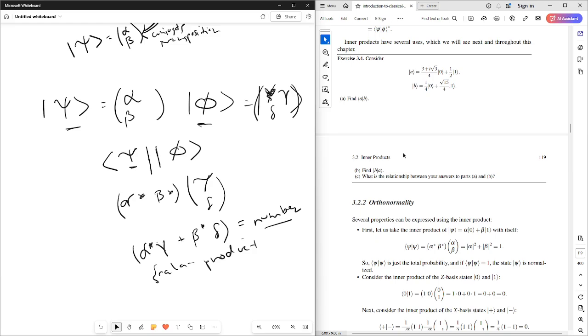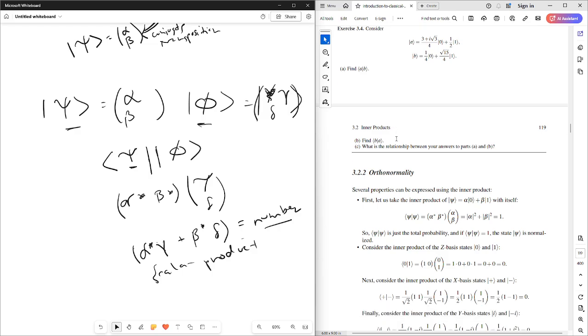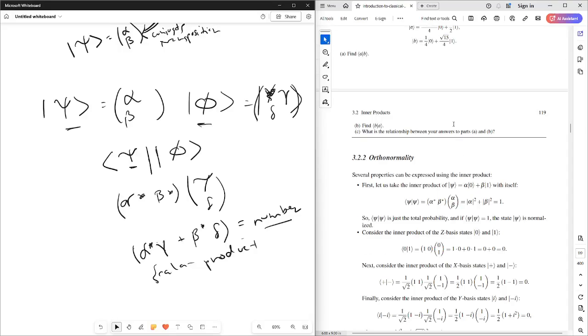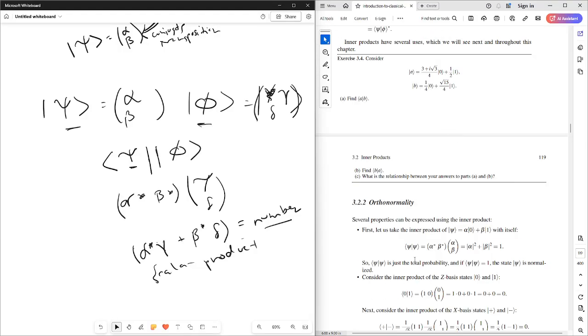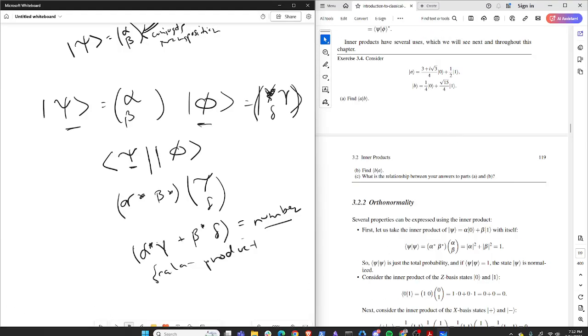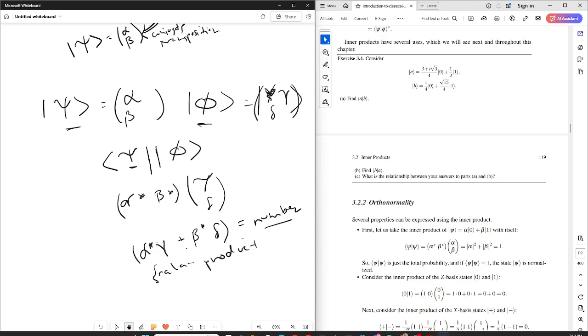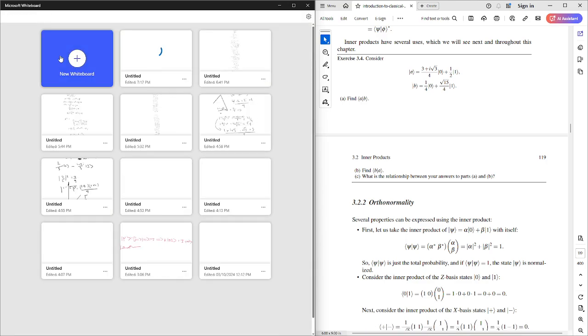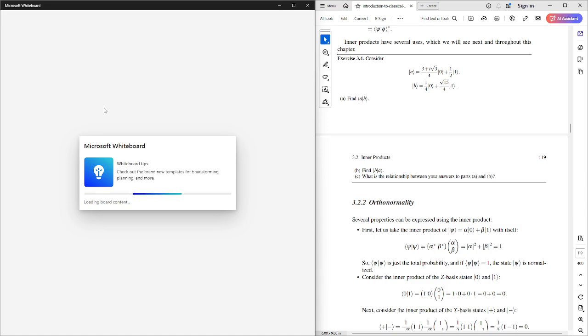All right. We can do a couple examples here if you guys want, but honestly, this is pretty straightforward. Actually, let's work through an example real quick, just to keep the home fires burning. We'll start a new whiteboard.